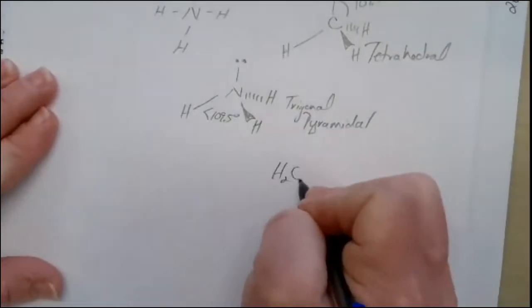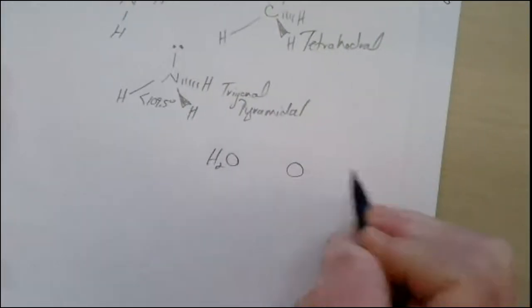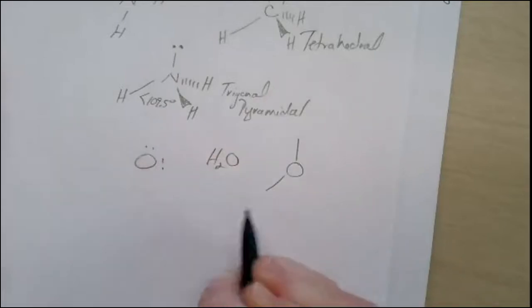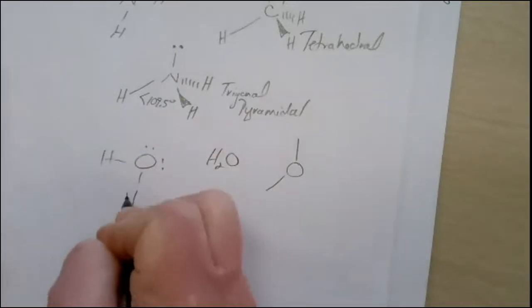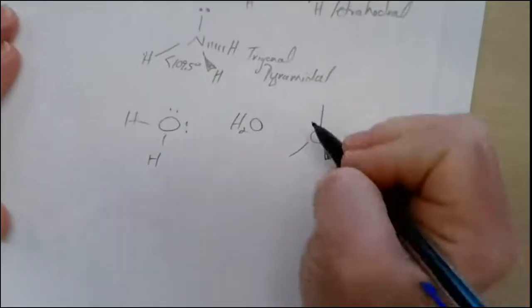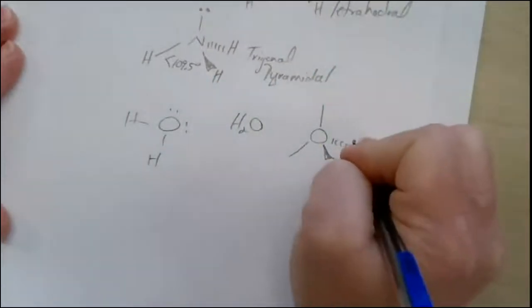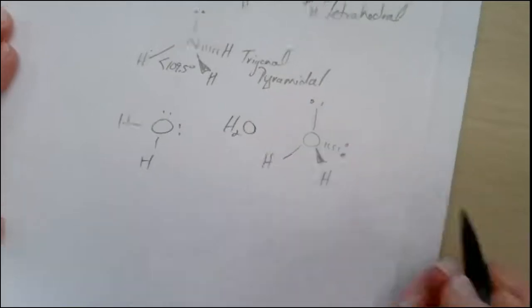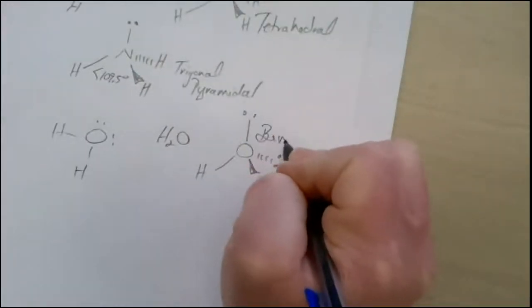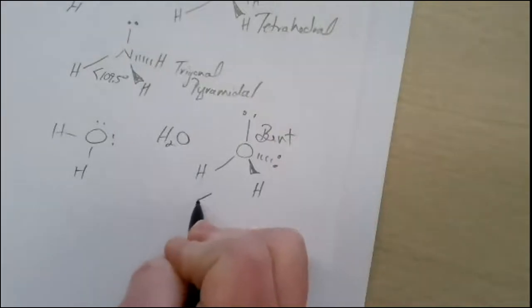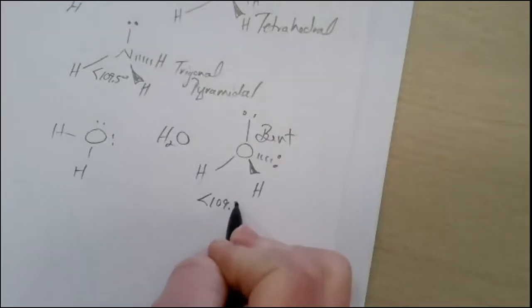Water. So we have our oxygen with 2 lone pairs and 2 single bonded hydrogens. So it doesn't matter where you choose to put your electrons, maybe there and there, and then your hydrogen and hydrogen. But this geometry is bent, and this bond angle will be less than 109.5 degrees.